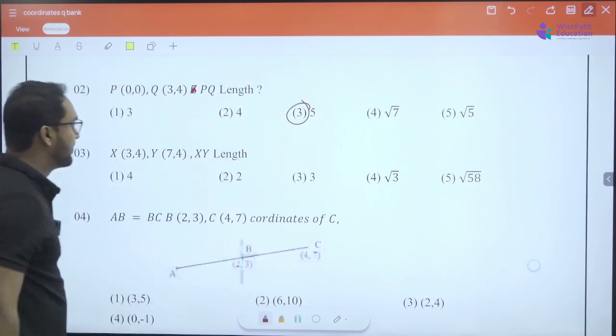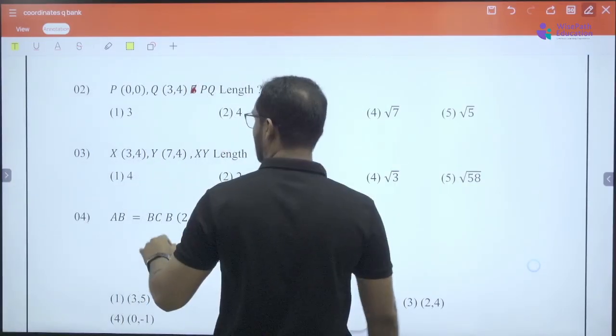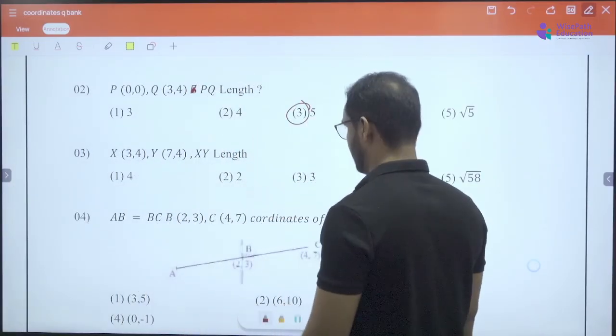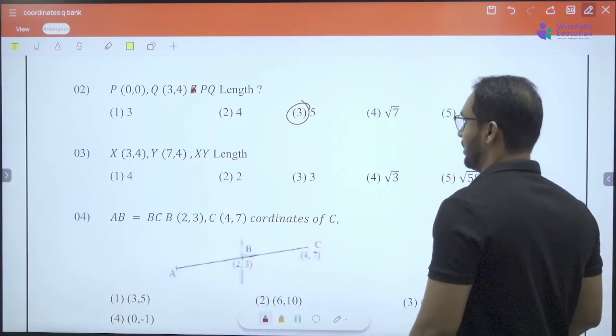The answer is 5. And the next one, the x coordinates are given as 3, 4, the y coordinates are given as 7, 4. They are asking for the length, right? 3, 4, 7, 4.